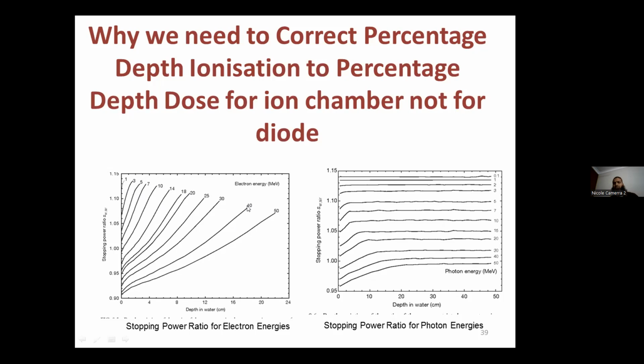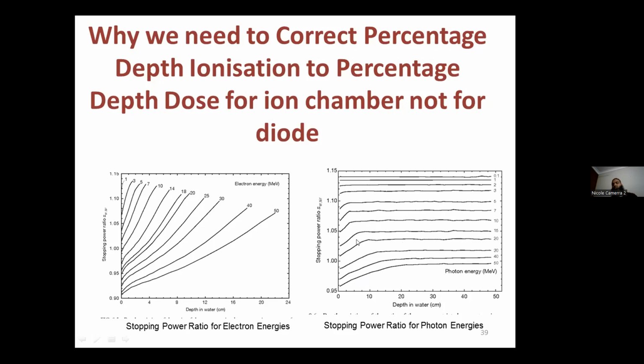But if you look at the photon side, especially in the region which we normally use, around 10 MV up to 20 MV, you can see in the first 10 centimeters the stopping power is changing, but as you go deeper you can't see much change.